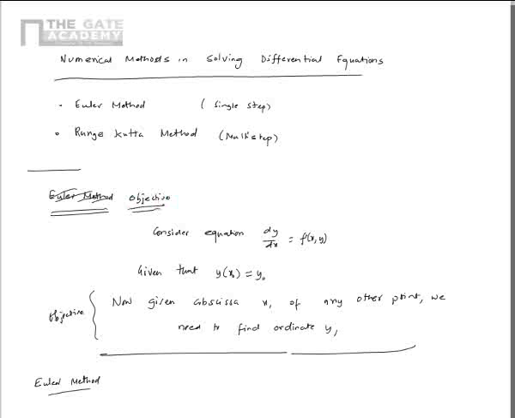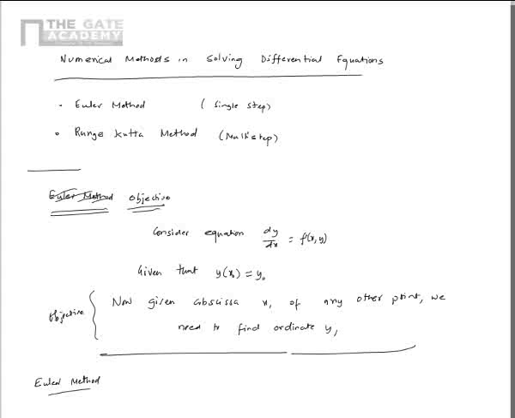Numerical methods are more commonly applied to differential equations because differential equations are tough to solve. Some even have no solution, if it's a non-linear higher order differential equation. So the only option is numerical methods. Let's see how we apply the Euler method.